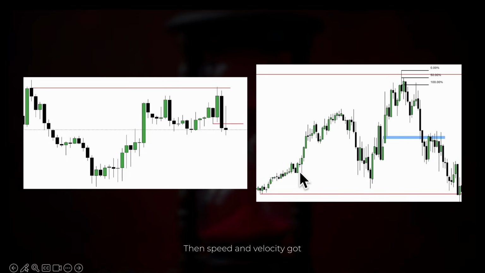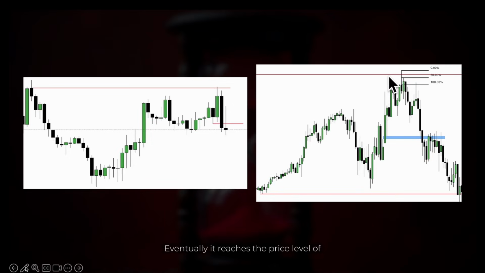Then speed and velocity got induced into the marketplace where the market began expanding higher quickly. Notice that we engineer buy-side liquidity right here and we then see the market drop towards the downside. Notice that more relative equal lows are being created and the market then runs up higher, drawing towards the low of that bearish rejection block. Notice that the market is in a rush to reprice higher.